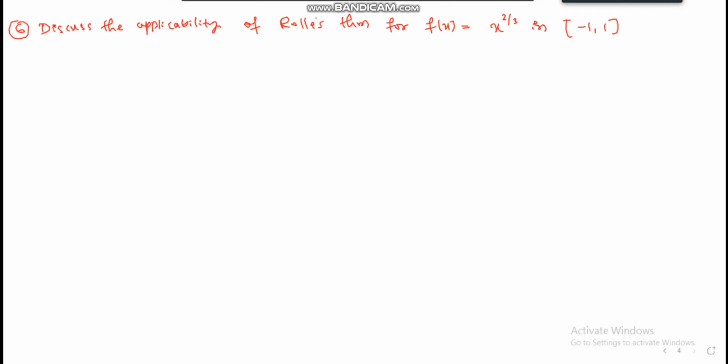We go for the next question. This is the applicability of Rolle's theorem for f of x equal to x raised to 2 by 3 in the closed interval minus 1 comma 1. Again the same example.